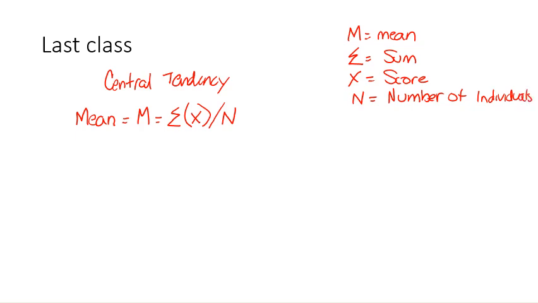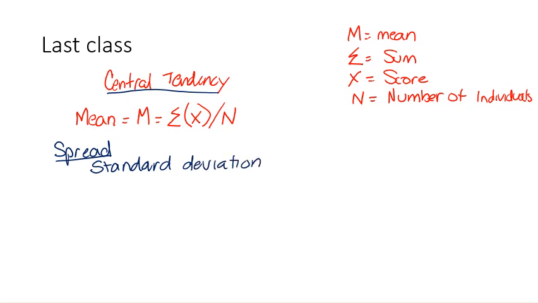And we also talked about spread, and so this was central tendency, and then we talked about spread. How far apart the points are from the mean, and we talked about it in terms of standard deviation, which we abbreviated at this time as SD, and we talked about the formula being a kind of a complex formula that we broke into steps.